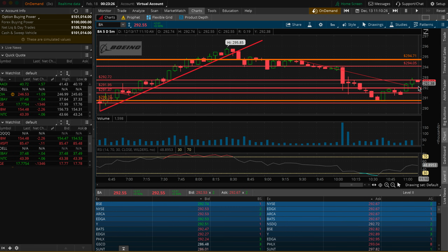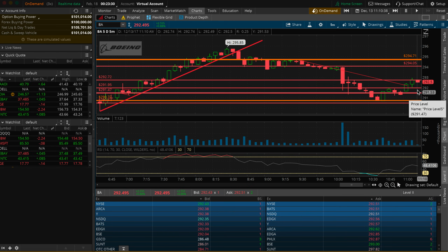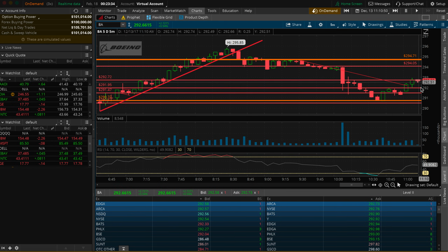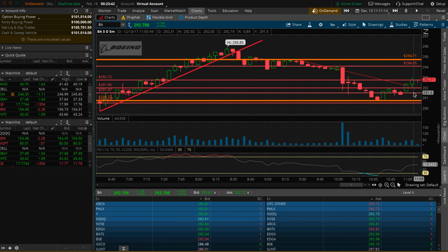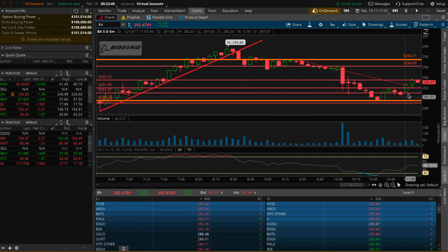But now it's coming down. But that's okay because I already took off half. So I reduced my risk. So I'm not worried about this one coming down. I already took off half my position. That's why I could wait for the candle to close, because I have limited risk on.